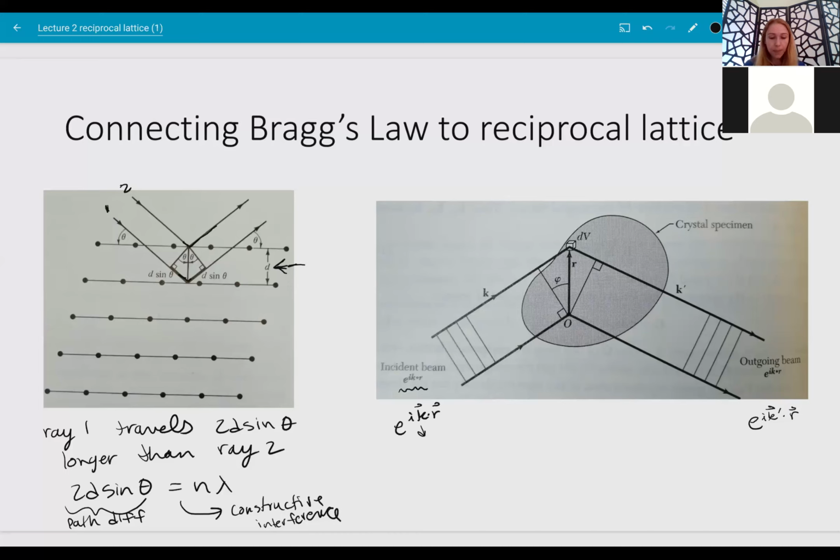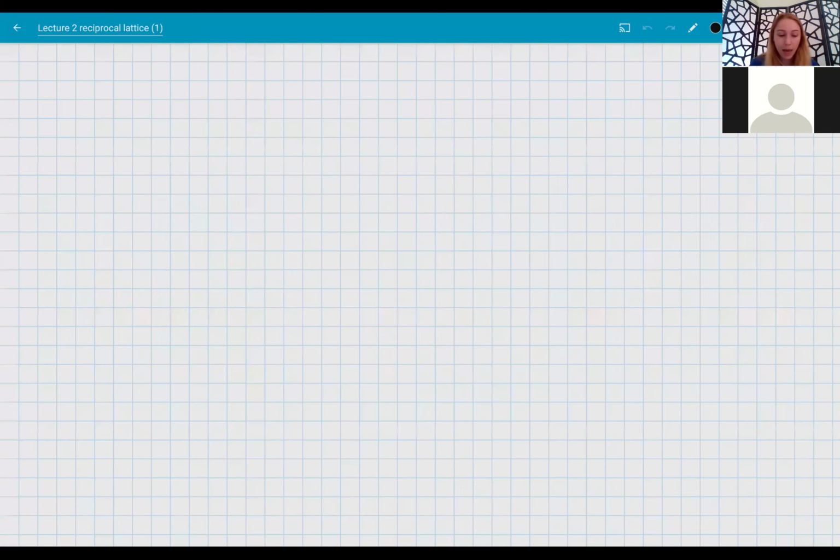At this point, we're going to do something very similar to what is done on the left-hand side in the Bragg equation. I'm going to do that on the next slide.